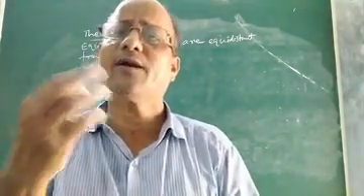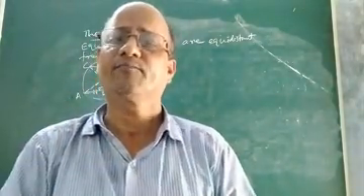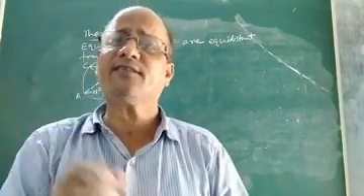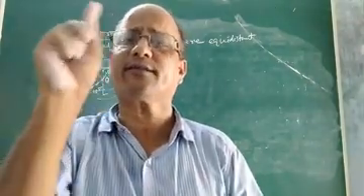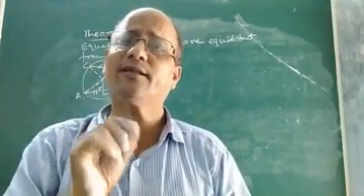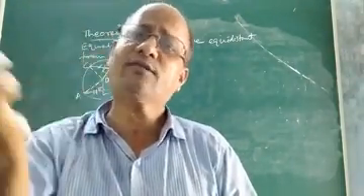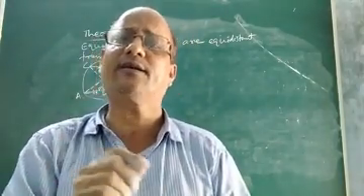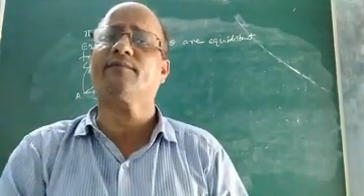So what does theorem 10.6 say? It gives the relationship between equal chords and their distance from the center. Suppose in a circle you are given two equal chords. What is the relation between the two equal chords and their distance from the center? That we will discuss in theorem 10.6.